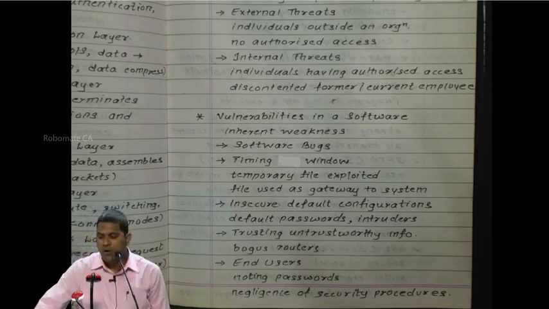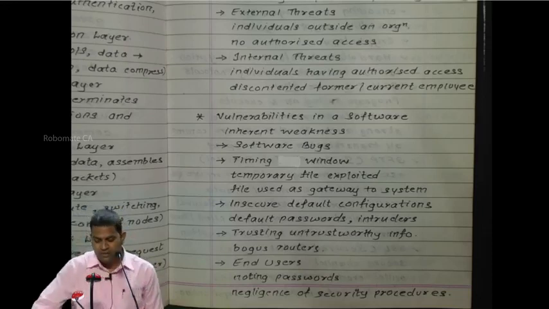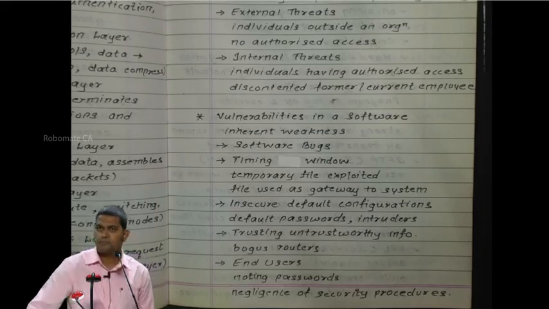Now, once you have understood the problem, let's try to finalize some solution for it. So network security protocol, we can call it a solution for a threat to a network.